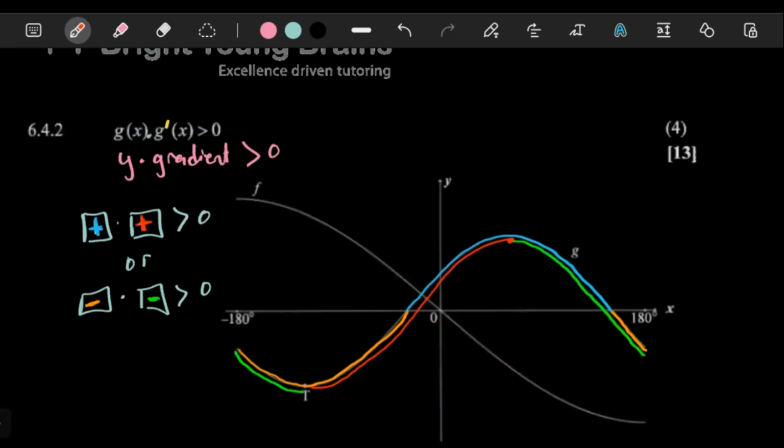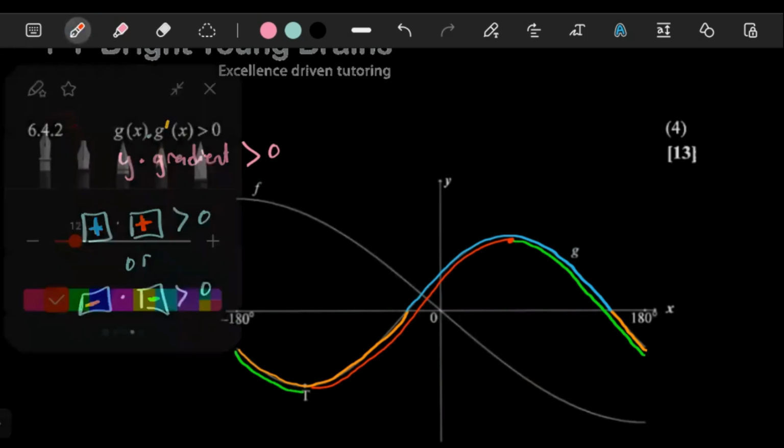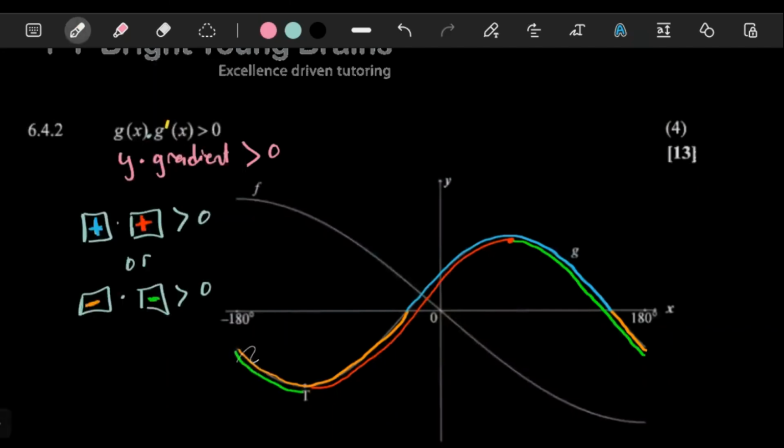So technically, if you look at our colors here, colors make the world go around. We want cases where you have blue and red together and cases where you have green and orange together. If you look nicely at our sketch, here you have orange and green together from this x value until this x value.